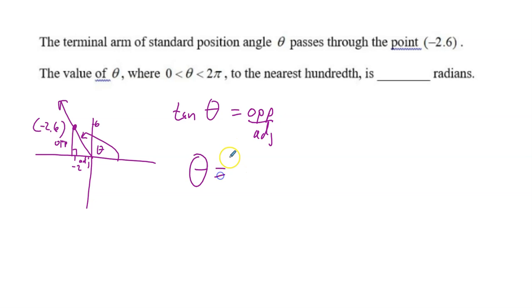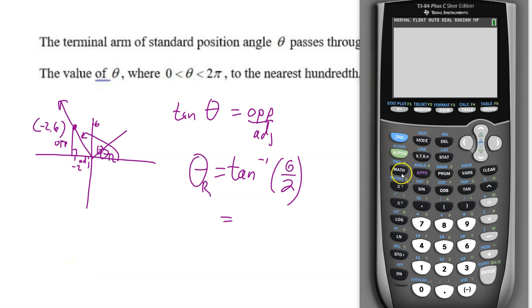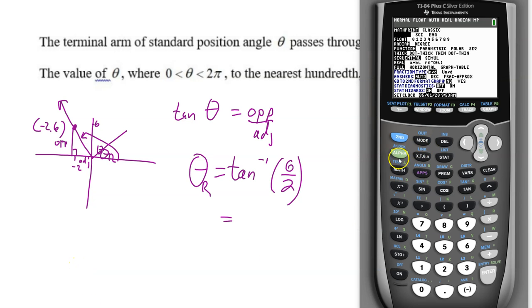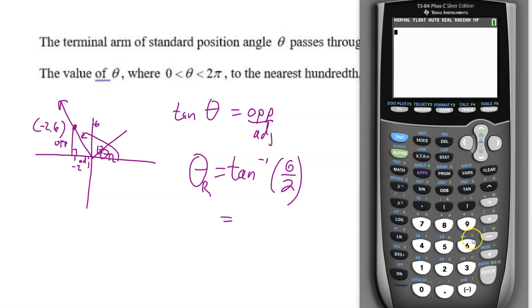So theta will be the inverse tan of opposite over adjacent. Now, we don't want to do this with a negative, right? What we're going to do instead is work out the reference angle, theta r. So we make that positive. Now we need to be in radians, so make sure your calculator is in radian mode, which it is.